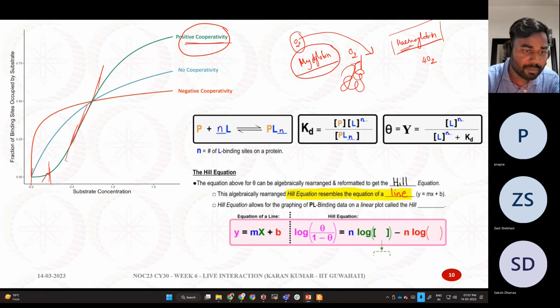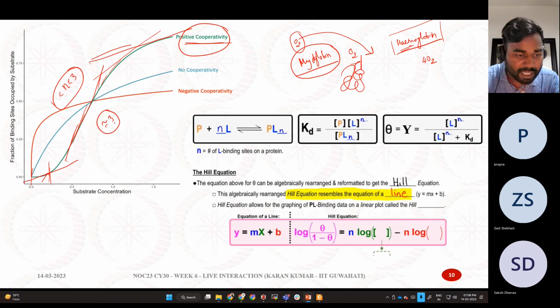More and more oxygen will bind, and then again when all the binding sites are occupied, this will slow down. So it has three phases. One where it has zero cooperativity, then a third where it again has zero cooperativity, but in between it has cooperativity with n between 1 and 3. It is approximately 3 for hemoglobin.